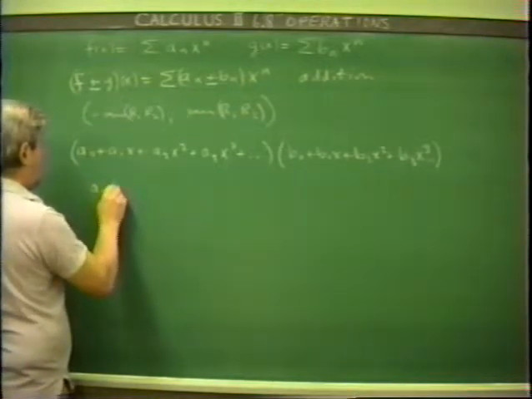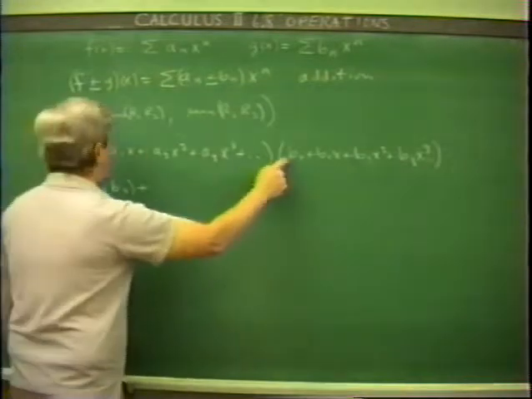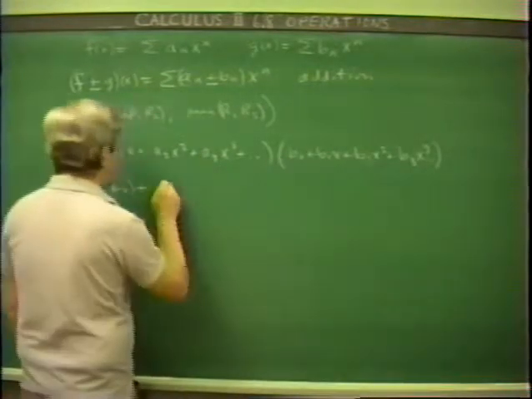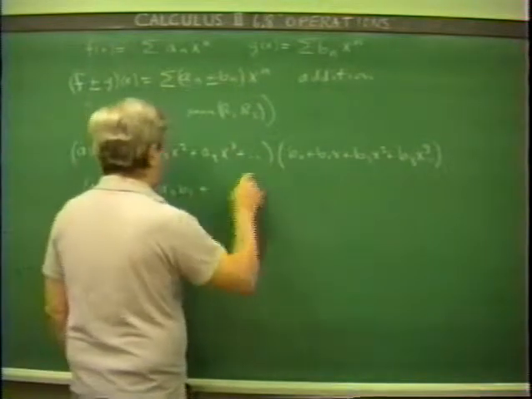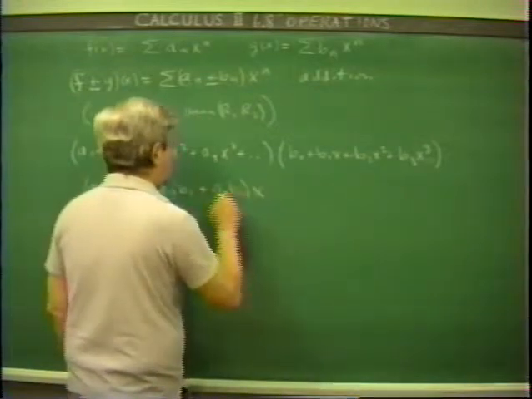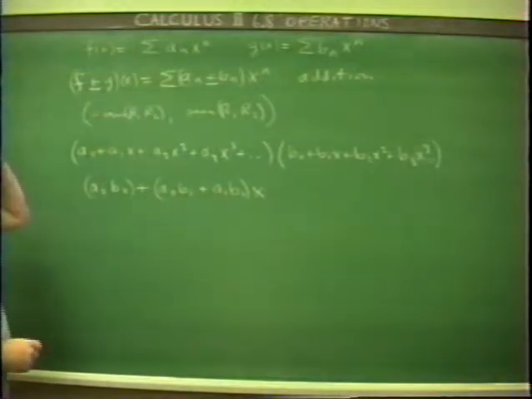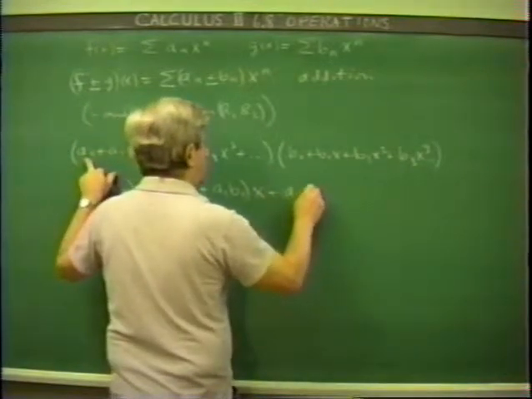Now if we multiply these things out, the constant term should be a0 b0, plus the x term is going to be a0 b1 x plus a1 b0. So this should be the x term here if we were to multiply these things out.